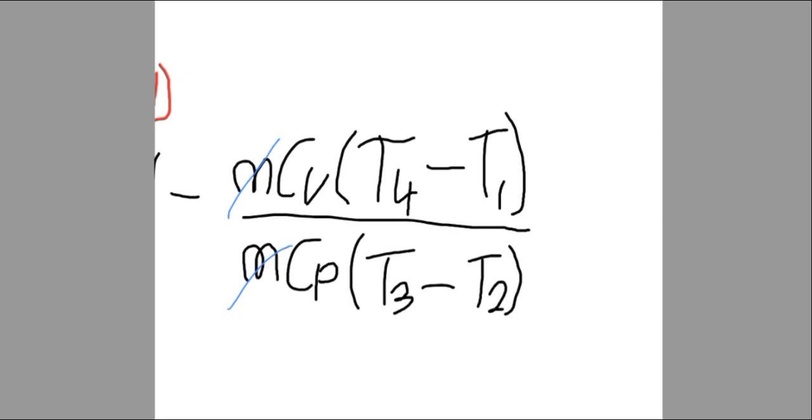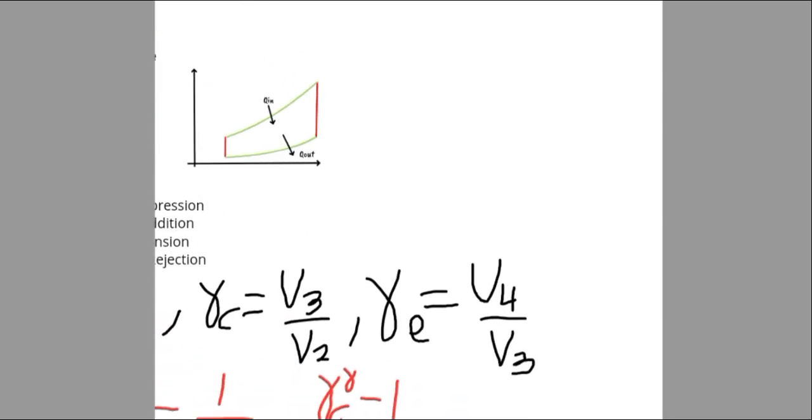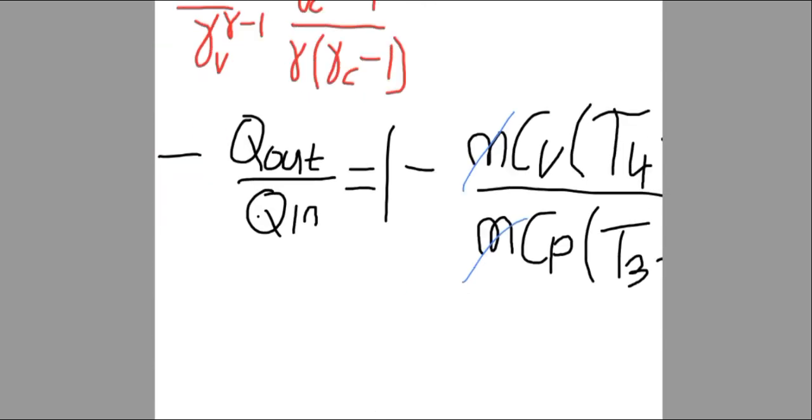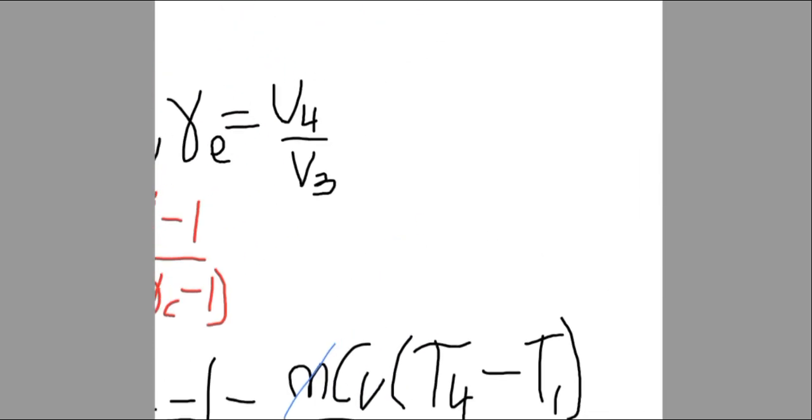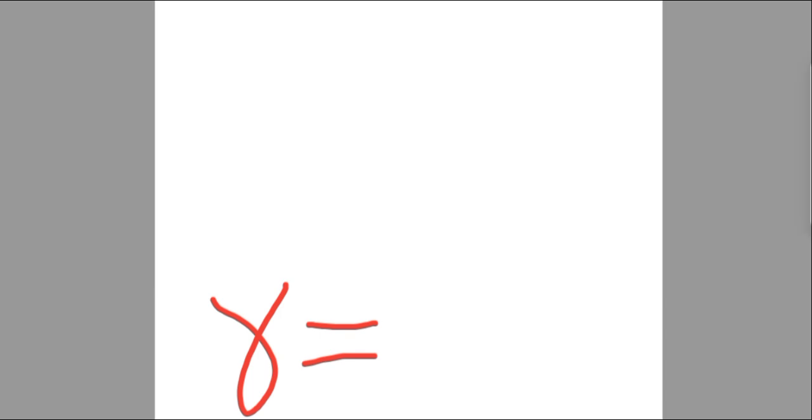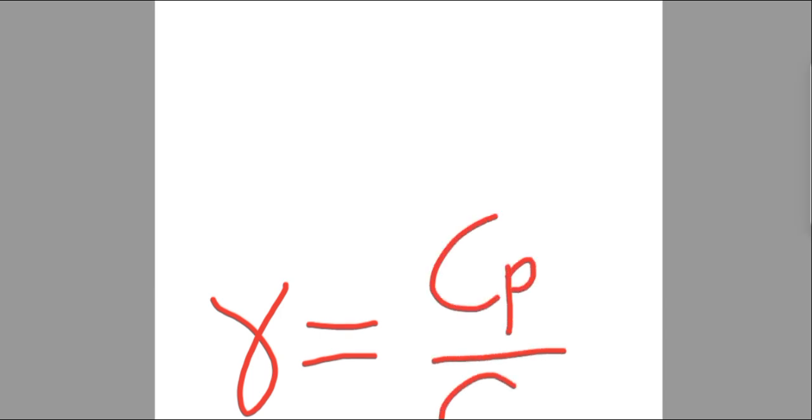Now, first of all, one thing that I might not have mentioned throughout the entire series of this is that this gamma, which is this constant, is equals to Cp over Cv.